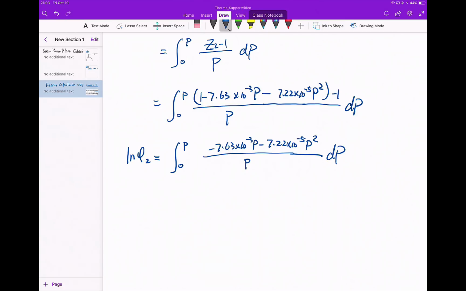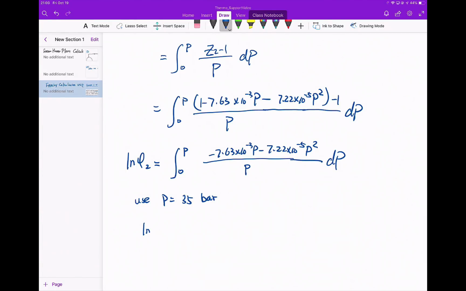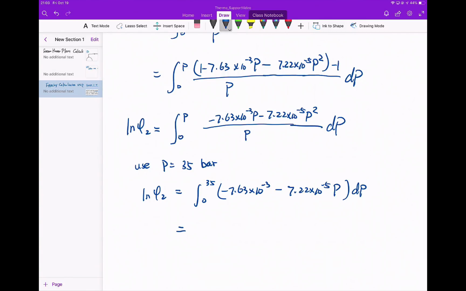So now we use P is 35 bar. Then we can calculate this log phi 2. It takes two more steps of simple math. You can calculate phi 2 is 0.733.